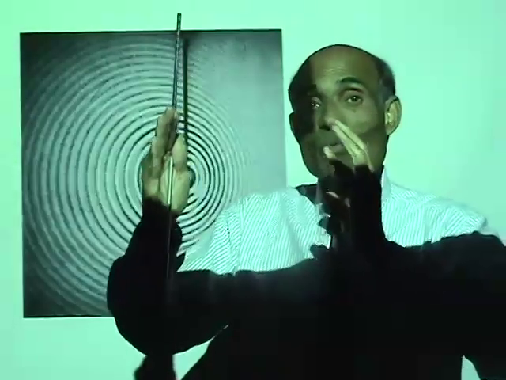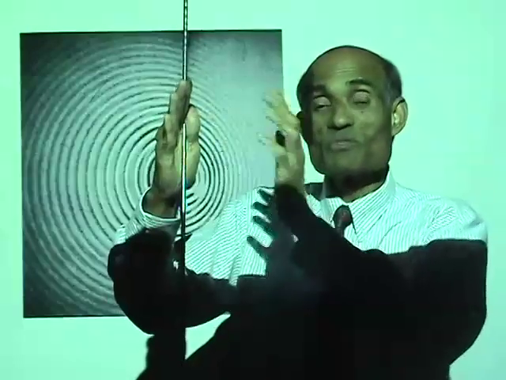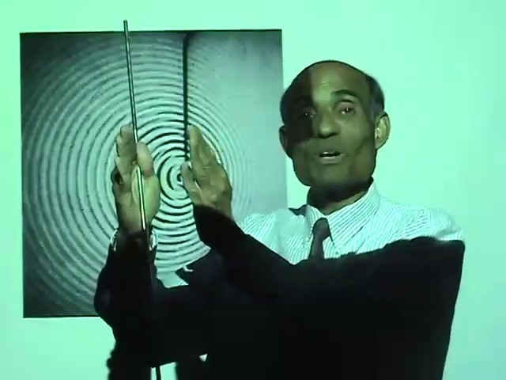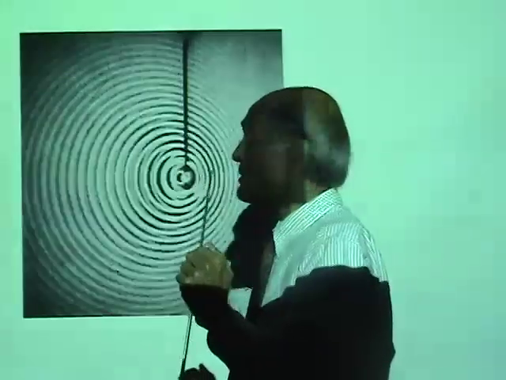You see, as the source is moving towards the listener, the number of waves between the source and the listener gets compressed because the source is moving towards the listener. And that is what is happening here.